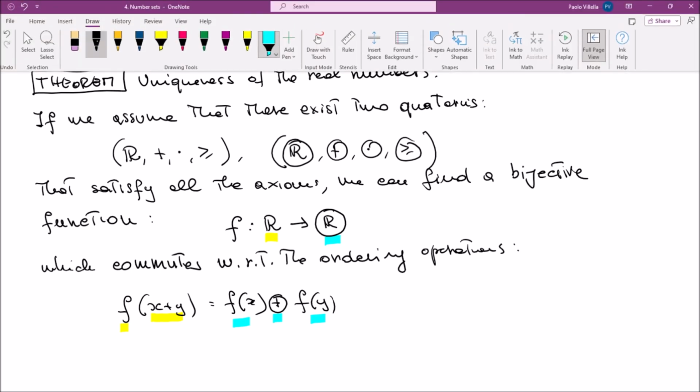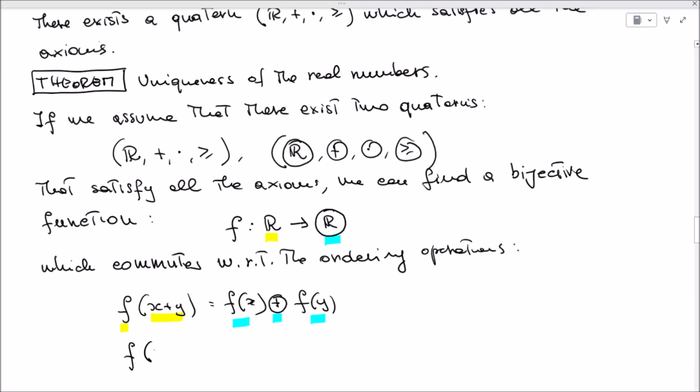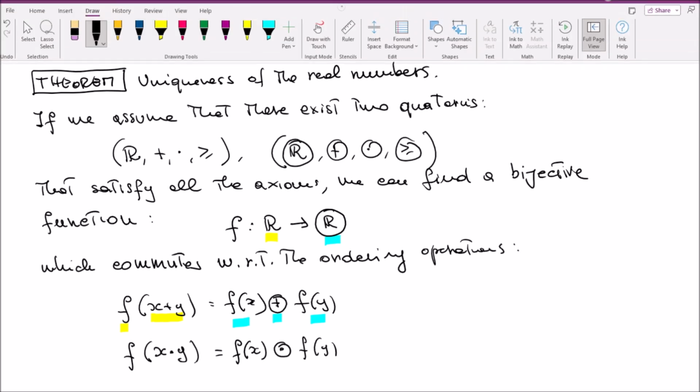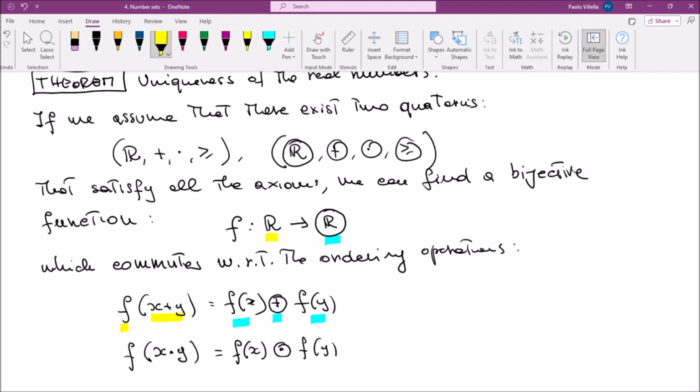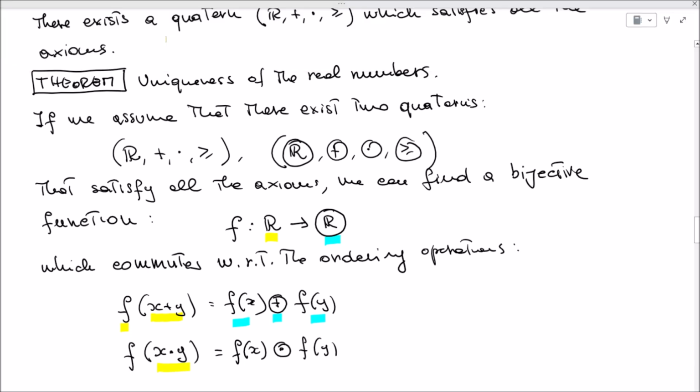Another property of this function should be that f of x times y, we are now performing the product of two elements of R, and we are mapping this product to f of x times circle f of y. So this is another example, because we are once again taking two elements of R, x and y, and making the product of this, and then sending through f into an element of R circle.